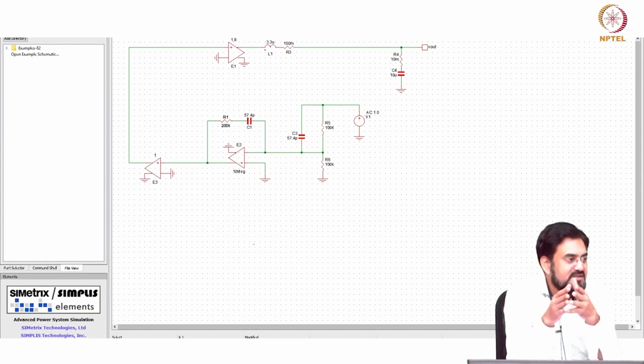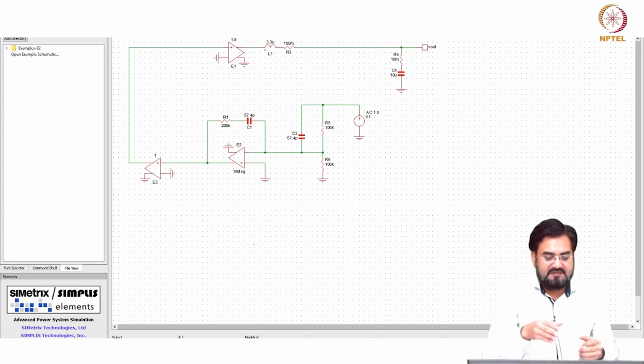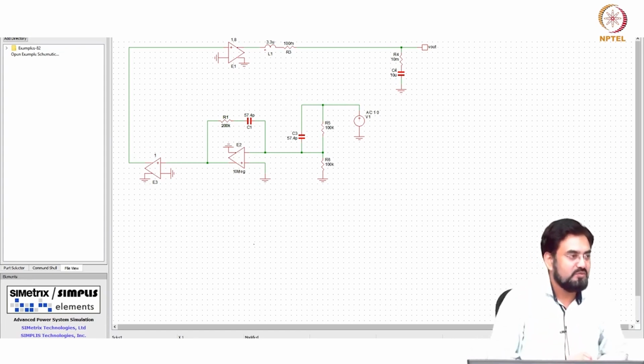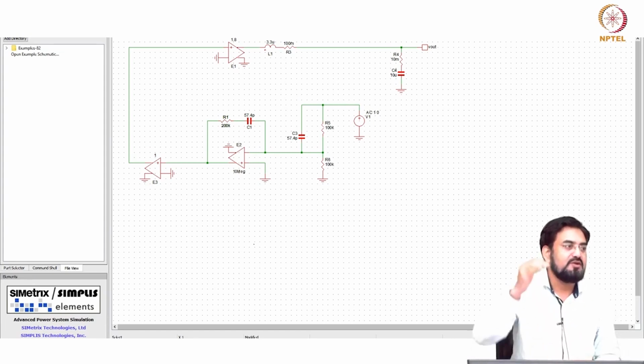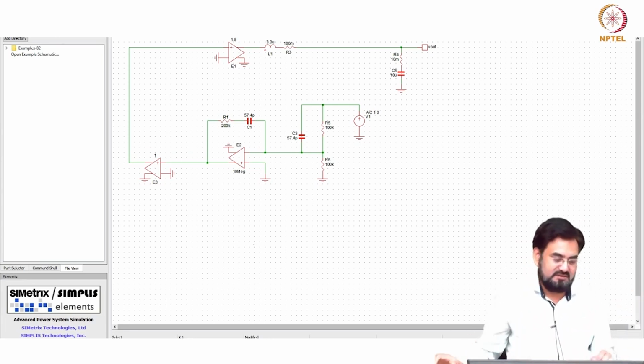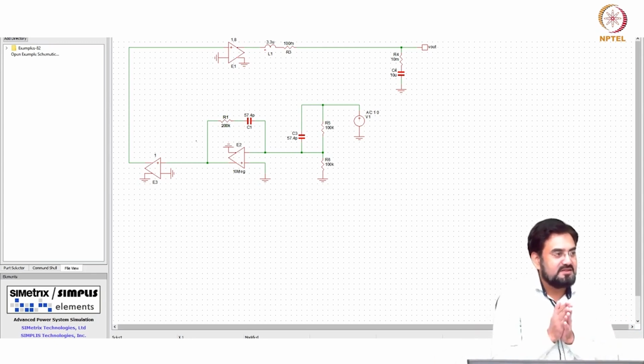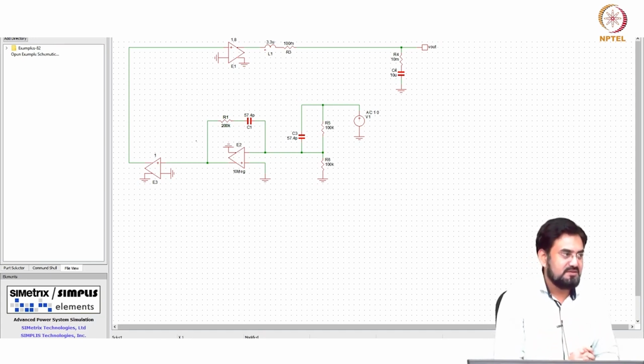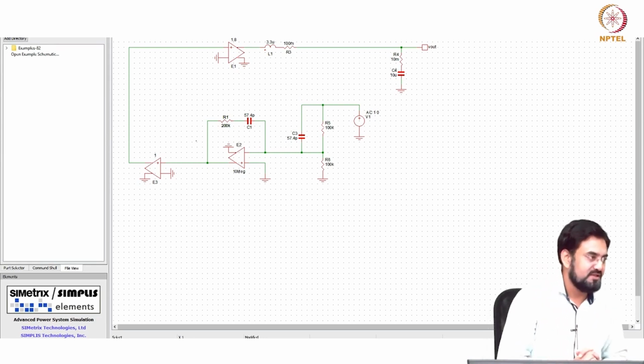So then in that case, tan inverse omega UGB over omega Z2 should be your phase margin. But if let us say it is not going 180 or close to 180, let us say it is going only 170, 175, then that much phase you have to add there. But in the worst case, it will be the phase due to the omega Z2 phase margin. You cannot get worse than that actually, because you know the maximum phase shift LC can give is 180, not more than that.